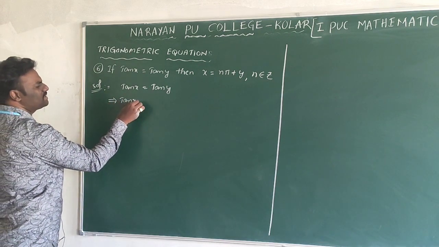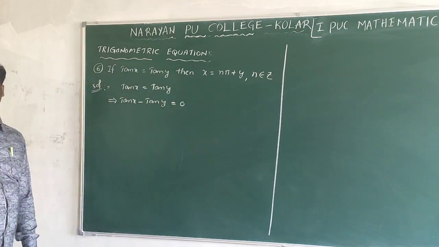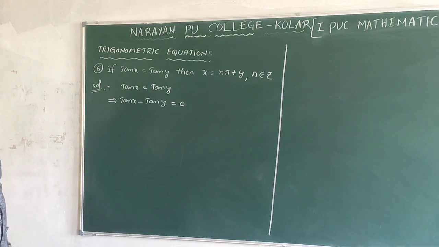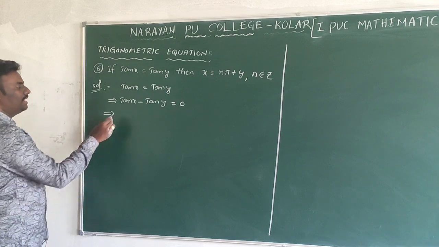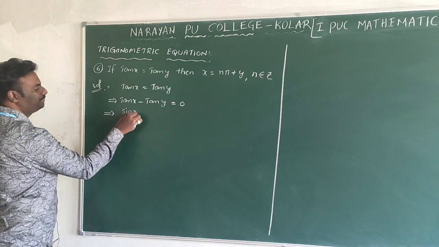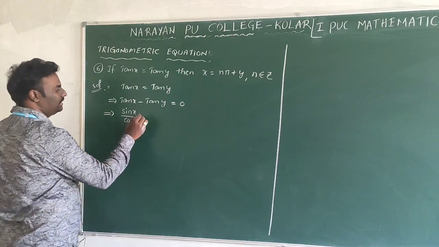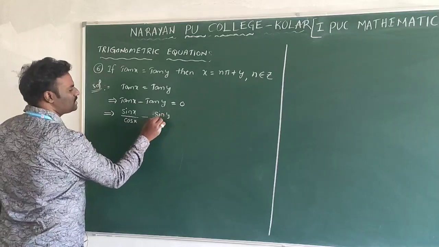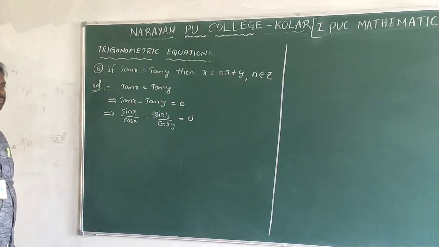tan x minus tan y is equal to 0, but we don't have a formula for tan a minus tan b. Tan c minus tan d formula is not there. That's why you can convert the tan in terms of sine: tan x is sin x by cos x. Similarly, tan y also can be written as sin y by cos y, is equal to 0.